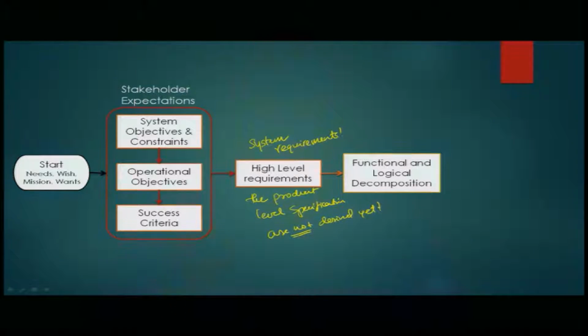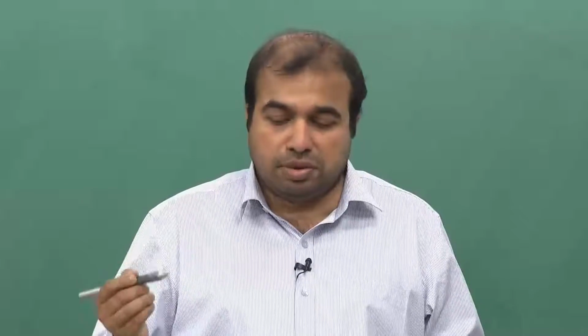You are not talking about the specifics of what type of firing pin you will be using in the artillery gun. You might be just talking broadly about a gun that could deliver a round at a distance of 30 kilometers or 50 kilometers or something like that. And from there, we talk about the functional and logical decomposition, where we actually talk about what functions the system will accomplish, and the logical way of accomplishing those functions.